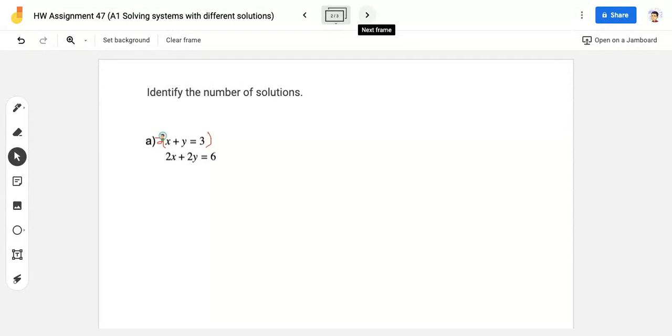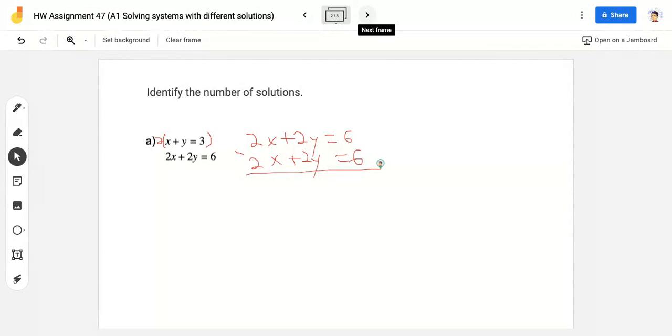So I end up with 2x plus 2y equals 6, and my bottom equation is 2x plus 2y equals 6. We should already be able to see something going on here. I'm going to eliminate my x's by subtracting.